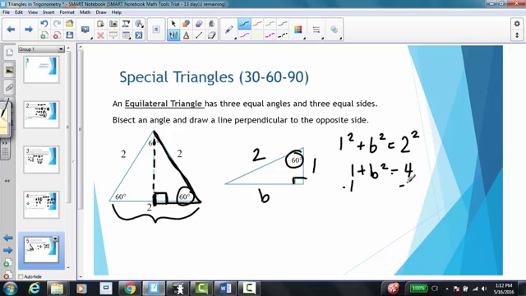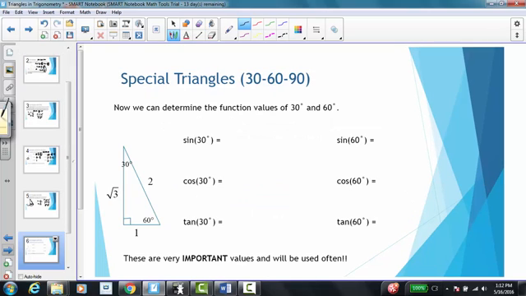And subtract the 1 from both sides. I get b squared equals 3. Take the square root of both sides and I get b equals the square root of 3. So now that we have all of our values for our right triangle, we can find again all of the trigonometric values for these two angles, 30 degrees and 60 degrees.